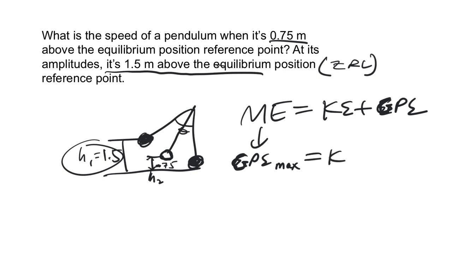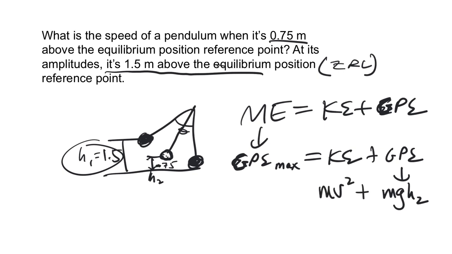So that'd be the KE at this position right here, plus the GPE at that position, which would be m times g h2 plus m v squared over 2, is equal to GPE max. That's mg times the big height.